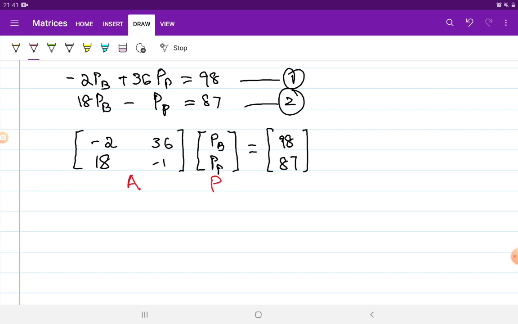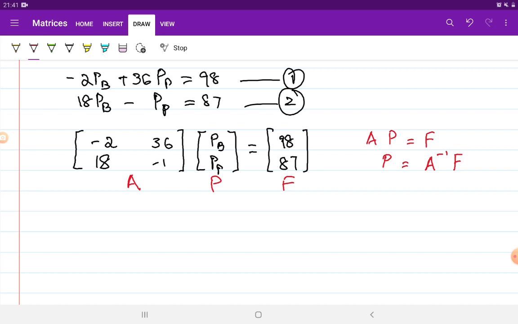That is equal to the final value. So in terms of matrix algebra, I'm saying matrix A being multiplied by P gives the final matrix F. So if I want to find P, I need to multiply A inverse with F, right?